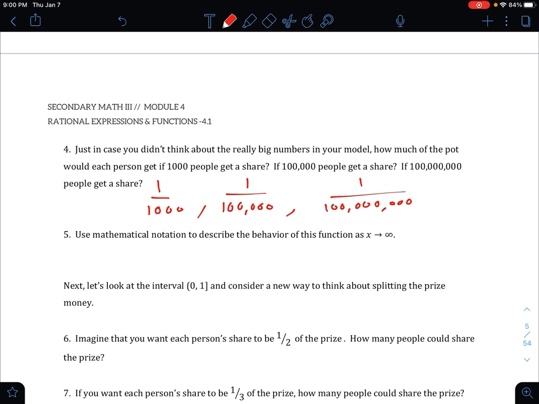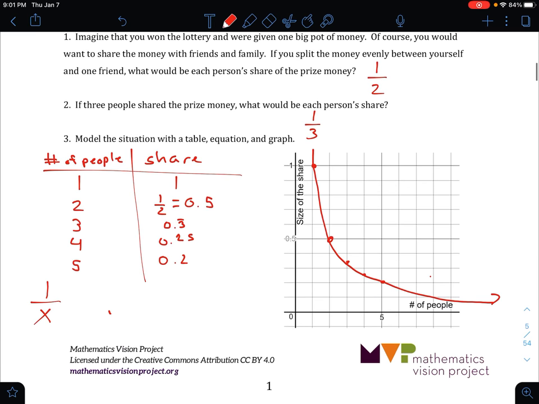Now, we talked about end behavior, right? And prior to this, the end behavior is either going off to positive infinity or going off to negative infinity. But now let's think about this. As our x value gets larger, what is happening to our y value? Where is this going? Well, it's approaching 0.